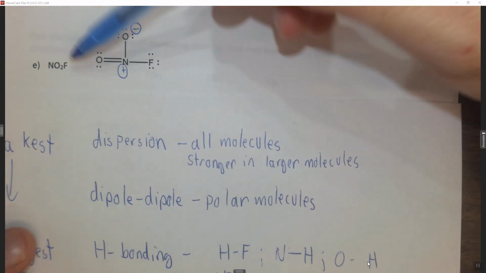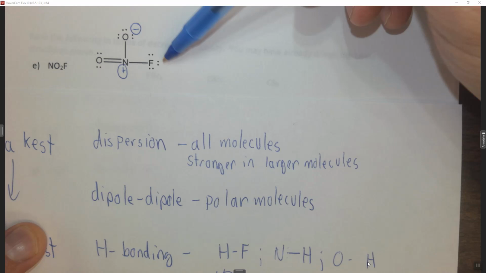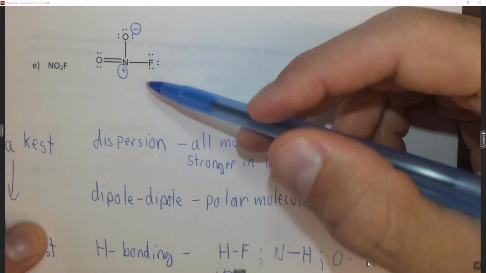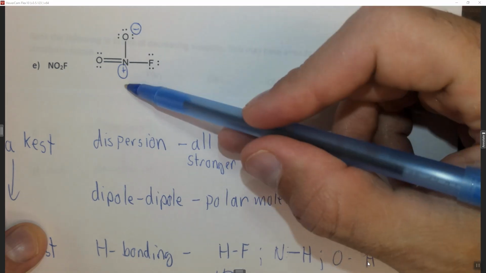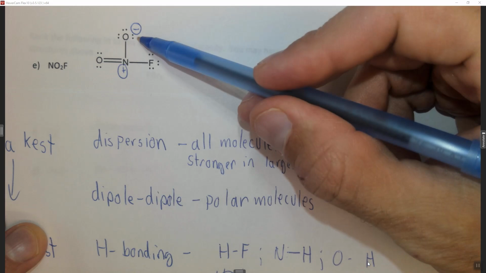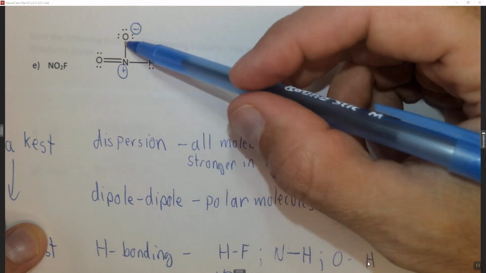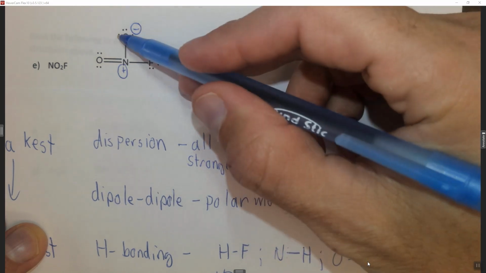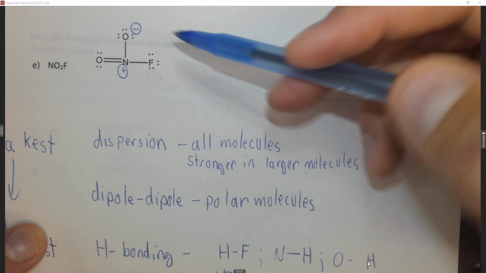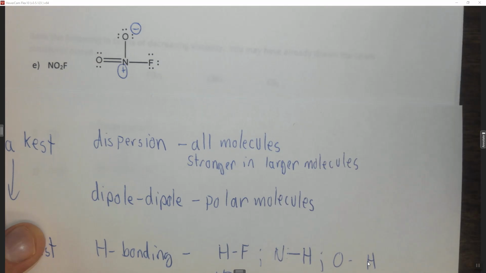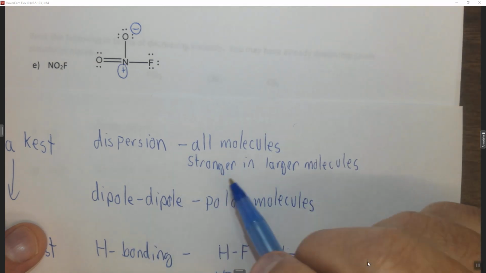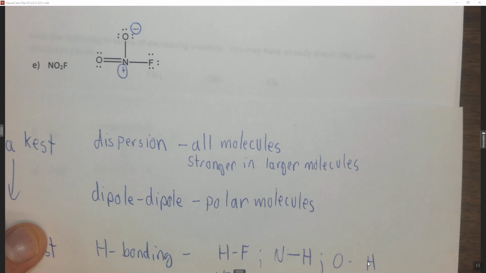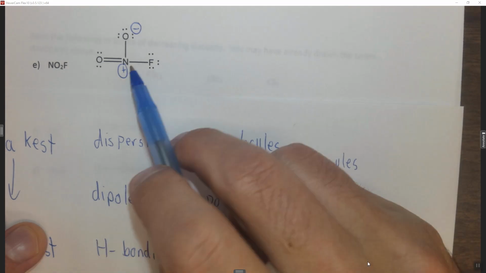All right, the next one is NO2F. And NO2F is quite a difficult Lewis structure to draw because it does have these 2 formal charges, because you can't have 5 bonded nitrogen, so you can't bring those electrons down in there. So this is a good one for drawing the Lewis structure. But once we have the Lewis structure, now we need to determine if it's polar or nonpolar. So we look at nitrogen.